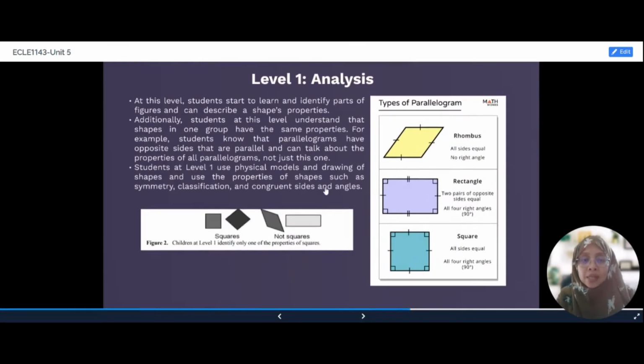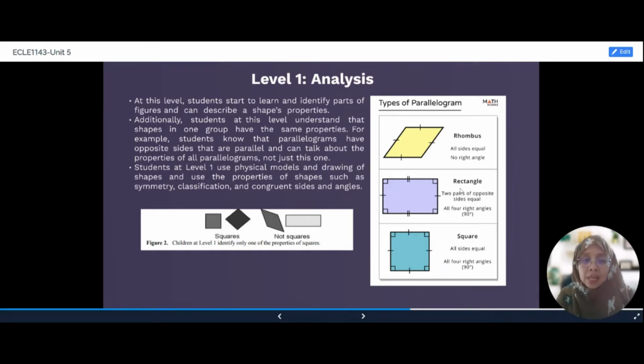And when they go to level 1, only then do they properly identify parts of figures and describe shape properties. Here they understand that to get a square, all sides are equal and all four right angles are 90 degrees.